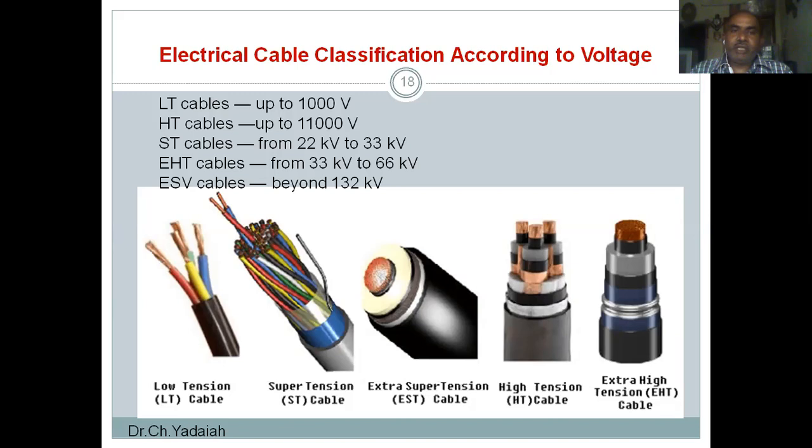The EHT cables, from 32 kV to 66 kV, are known as extra high tension cables, whereas the extra super voltage cables are beyond 130 kV lines. You can see these are the same cables, but once the voltage increases, the number of layers of insulation increases.